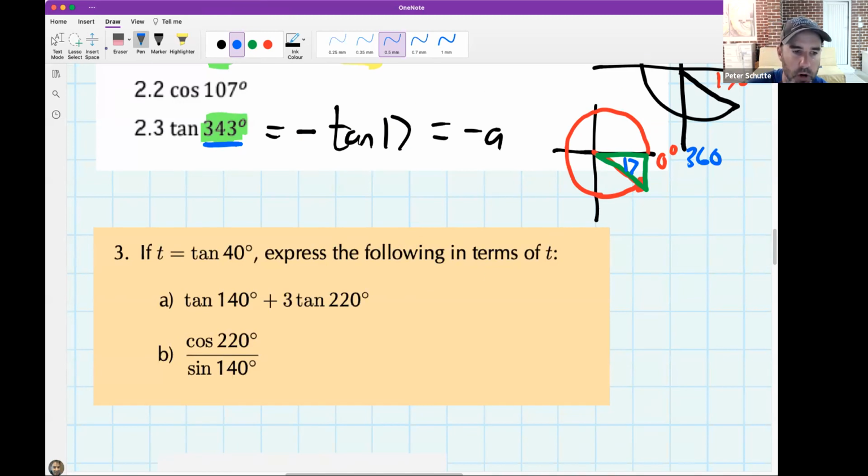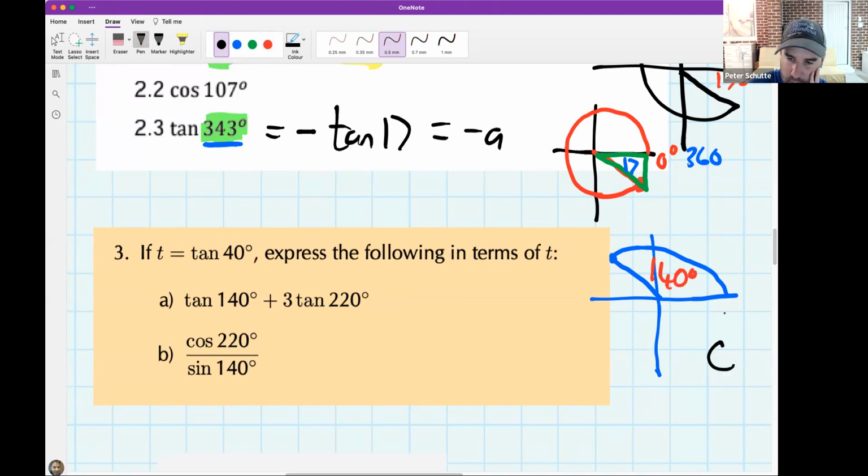So we'll do this in a moment when we look at example one. So where is tan of 140? What quadrant gets tan of 140? Well, I think it's in this quadrant. And if that's 140, don't be afraid of drawing in your CAST diagram.